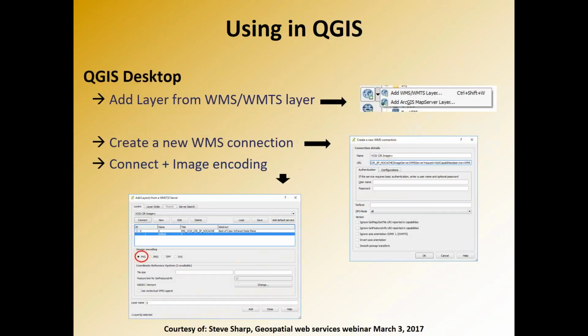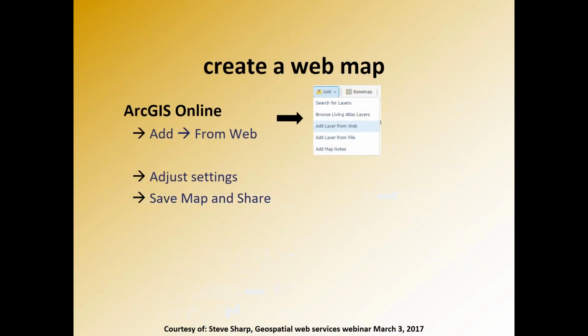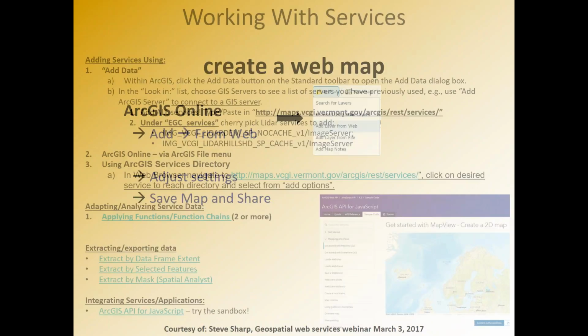There's also QGIS. I just mentioned it, so as not to pretend to be too snobby about Esri products, I've not done it with QGIS, but it's pretty similar, all right? And from ArcGIS Online, you can also access the web services and mash up your own map. I think that's free for a certain level of service on ArcGIS Online, okay?